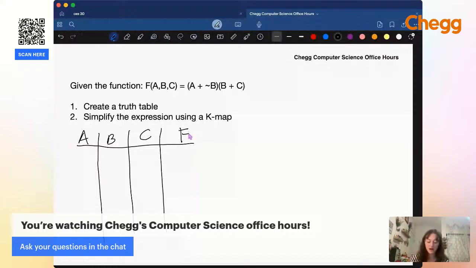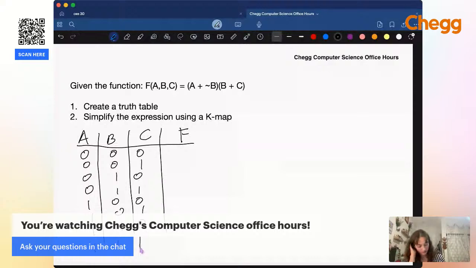With K-maps, you don't need to remember all those properties. K-maps are super easy to identify some simple simplification. Okay, 1 0 0 1 1 1 0 0 1 0 1 1 1 0 and 1 1 1.